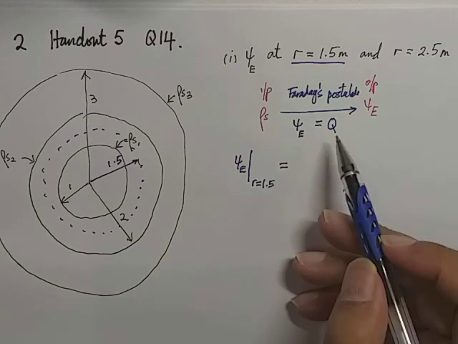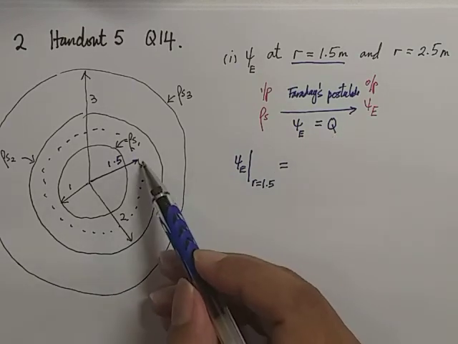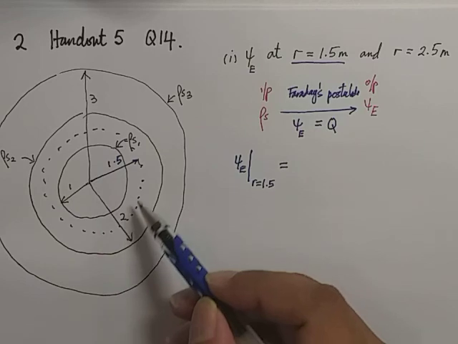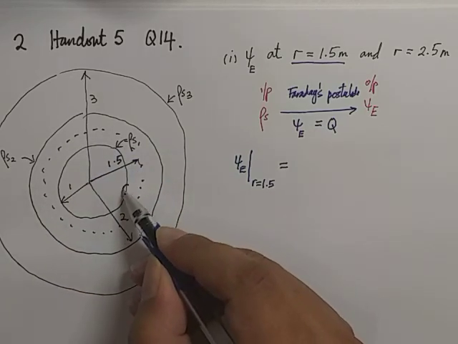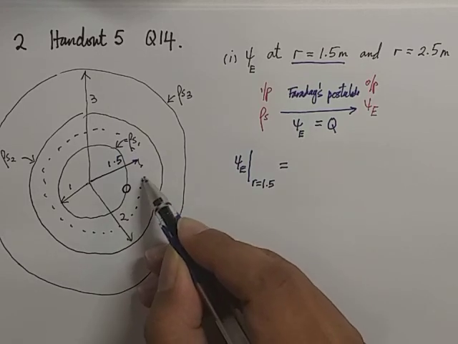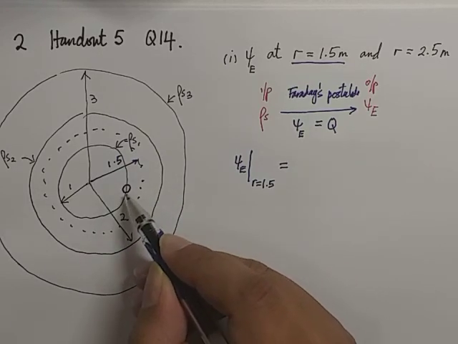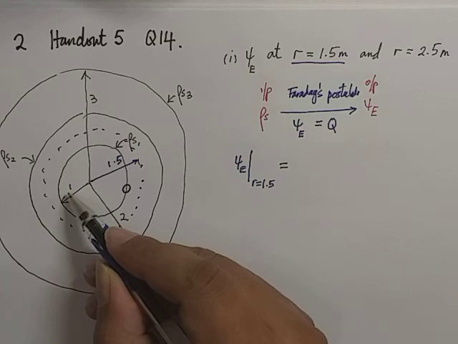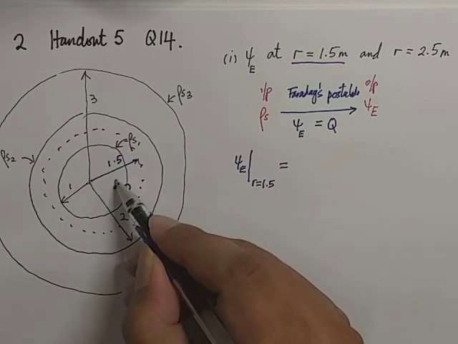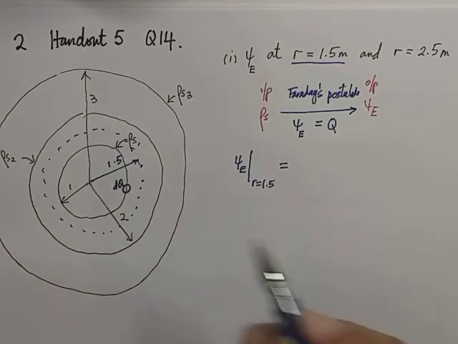What is meant here is the charge contained by this imaginary surface, and you can see the charge contained by this imaginary surface is only represented by the surface charge density located at the spherical shell of radius r equal to 1. So this should be our source.